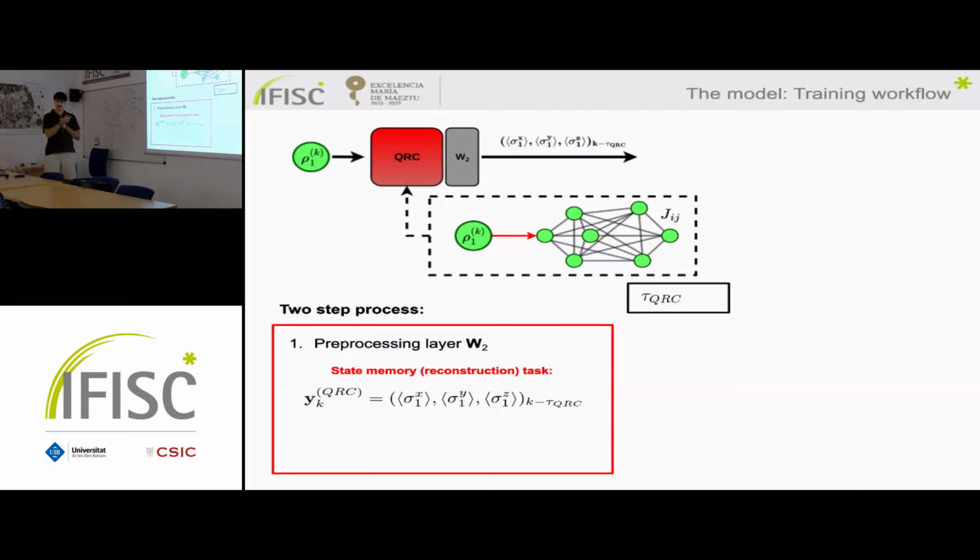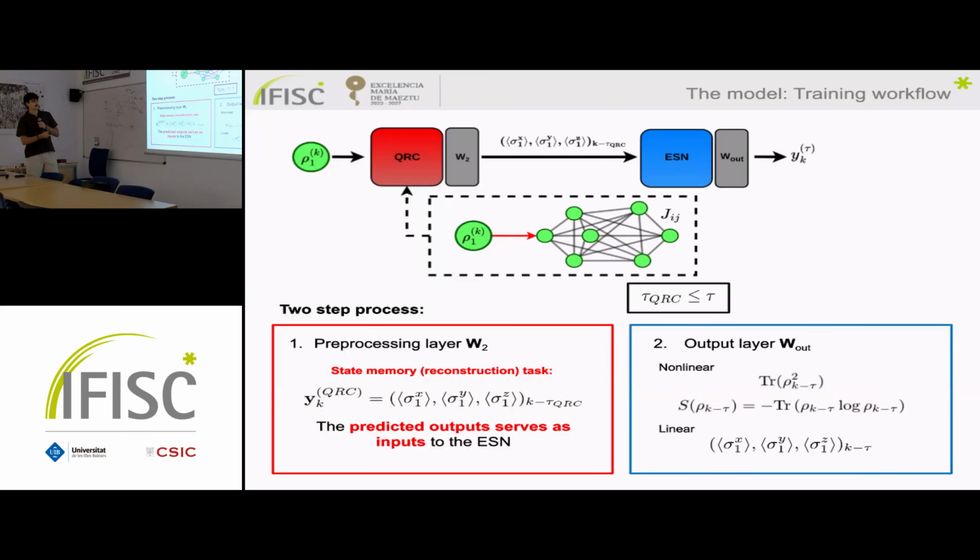And once this preprocessing layer is fixed, we send these predicted delayed outputs as inputs to the echo-state network. So the idea is, with a quantum input, this preprocessing step sends an estimation of the input with classical values to the echo-state network.